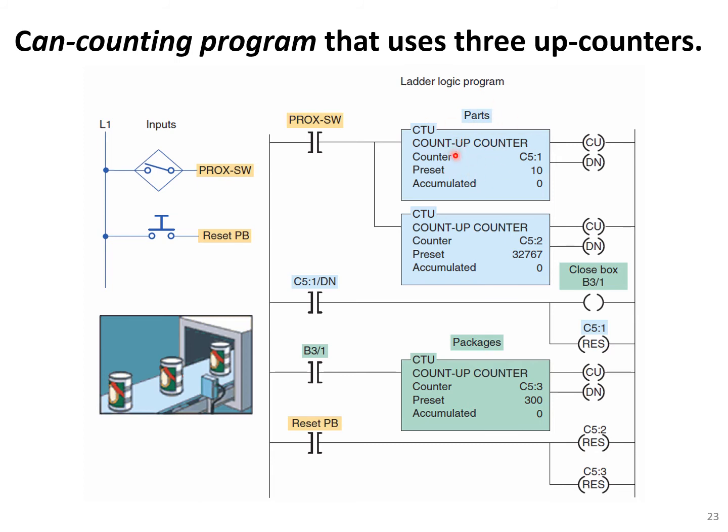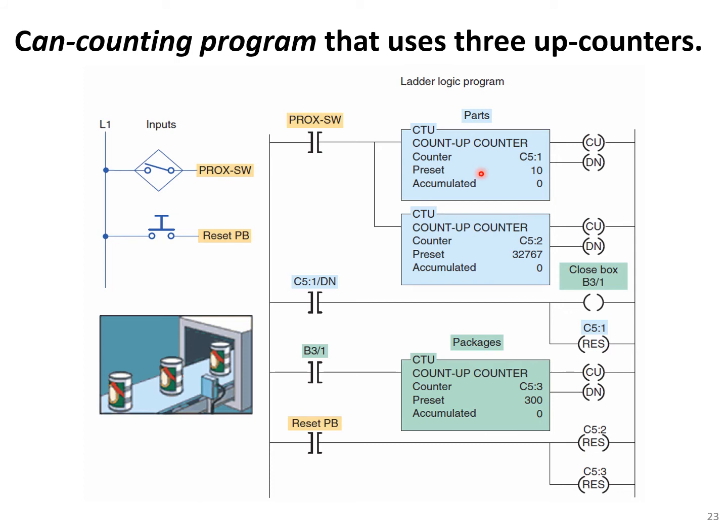The first counter is for counting parts. In each box we have 10 parts, and the second counter counts the overall number of parts.